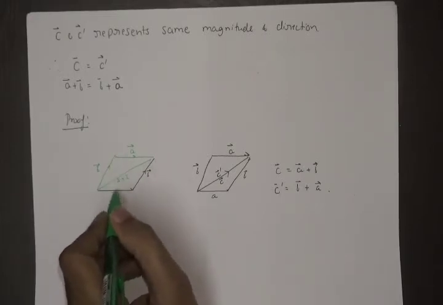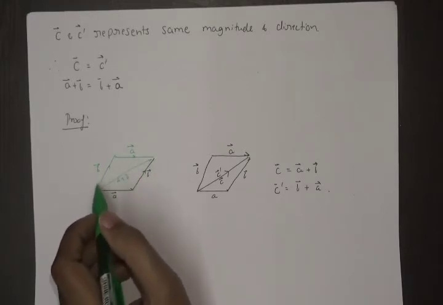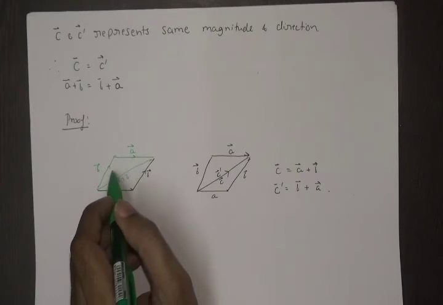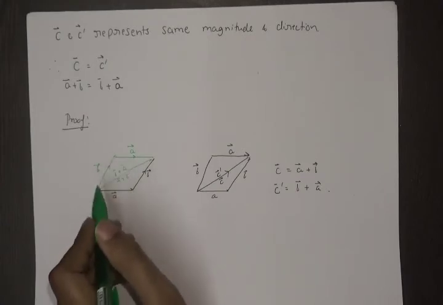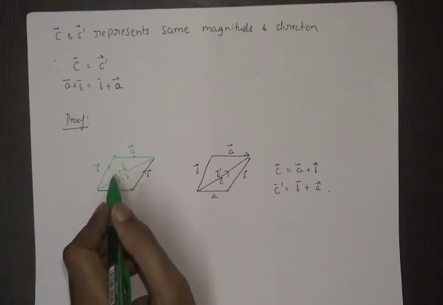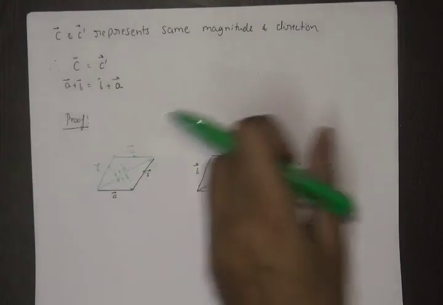Why? Because first we have traveled A, then we have traveled B, and this third side will represent A vector plus B vector. And if we travel first B and then A, this is what we get, B vector plus A vector. And A vector plus B vector represents the same vector as B vector plus A vector, and thus C vector will be equal to C dash vector.